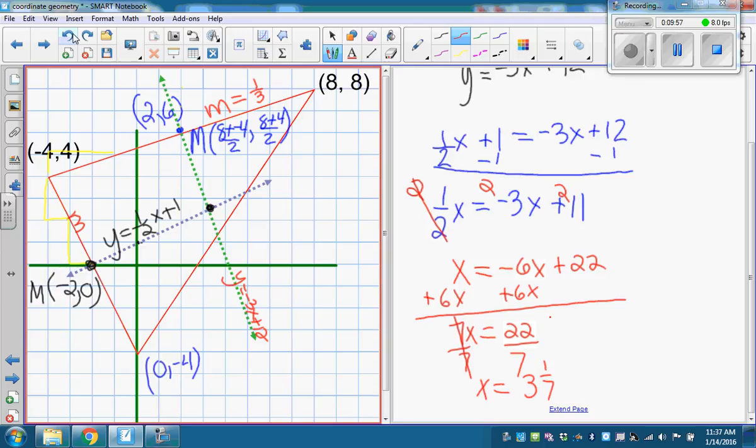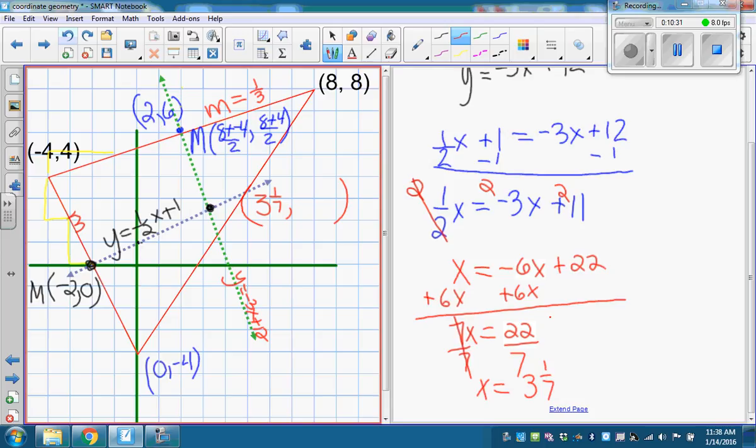Well, what I'm trying to find is the circumcenter. I know x is 3 and 1/7, but I don't know the y value. I want the intersection of the two lines, and I know they both have 3 and 1/7 in common. So I have to find the y value.